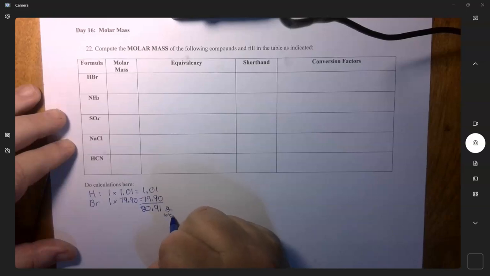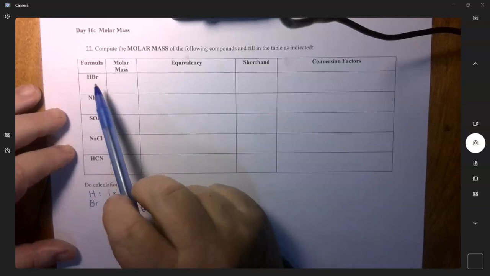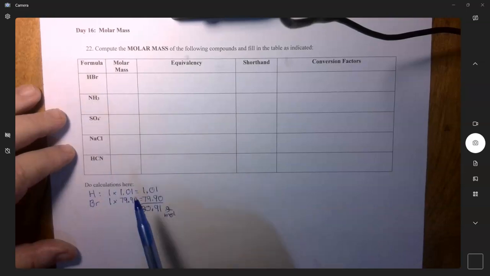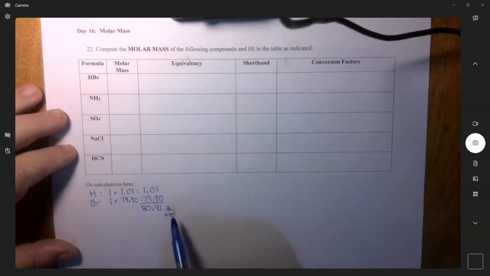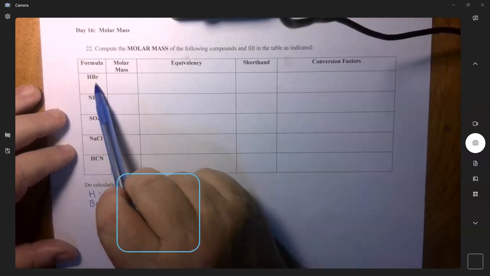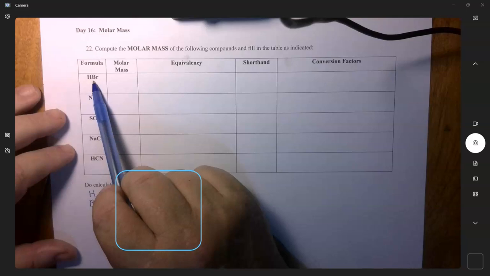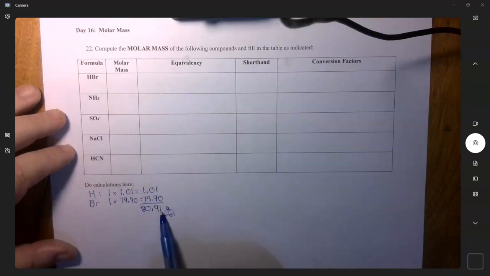In other words, in 1 mole of hydrobromic acid is what that's called. In 1 mole, you have 80.91 grams. Okay, it's going to weigh 80.91. So if you have 6.022 times 10 to the 23rd of these molecules, it's going to weigh 80.91 grams.